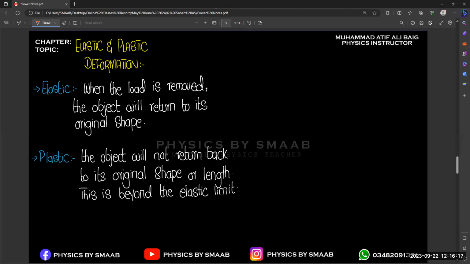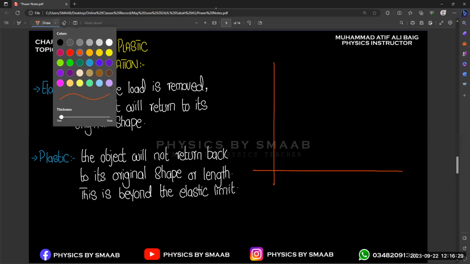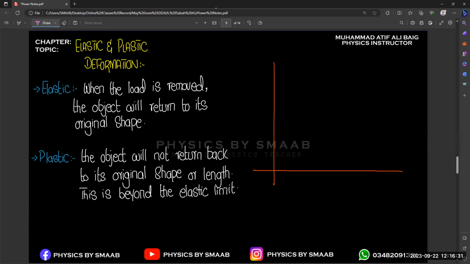So let's suppose we consider a graphical representation. In the graphical representation, initially both extension and load are directly proportional to each other.